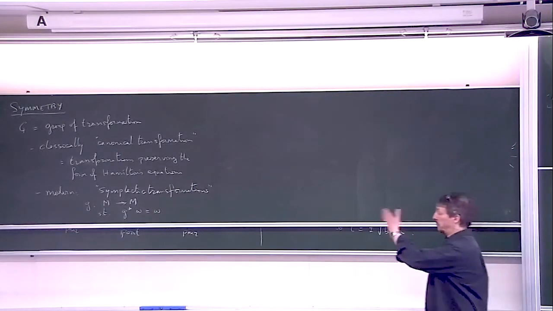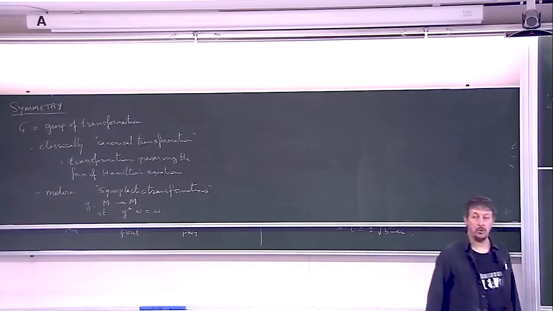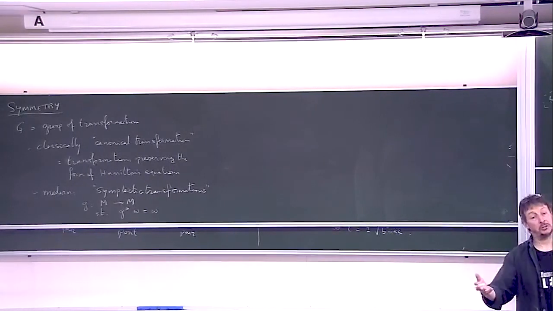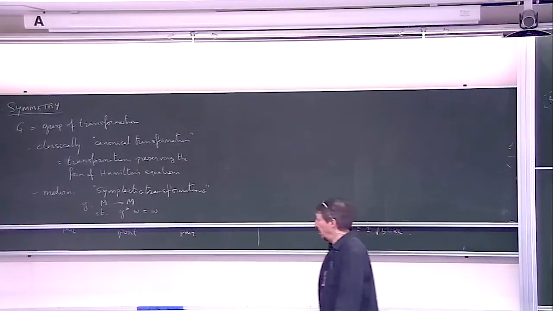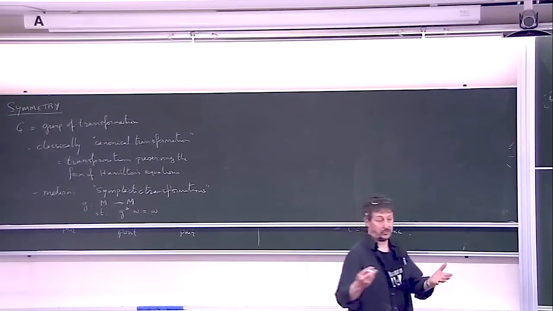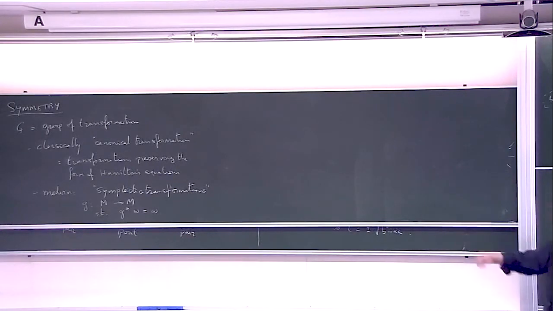And when it preserves the symplectic form, it will also map the Hamiltonian to some new Hamiltonian function in new coordinates, but it'll also map the vector field to the vector field, because the vector field is determined by the Hamiltonian and the symplectic form.